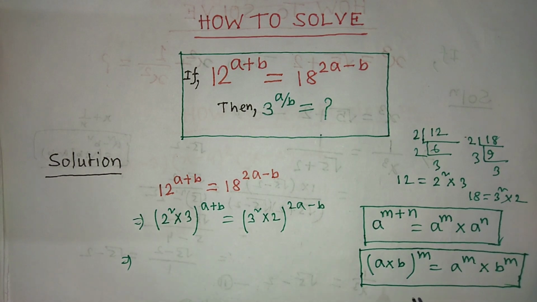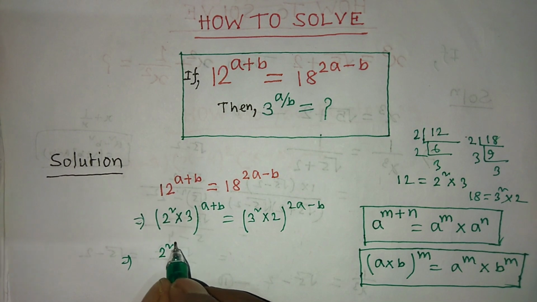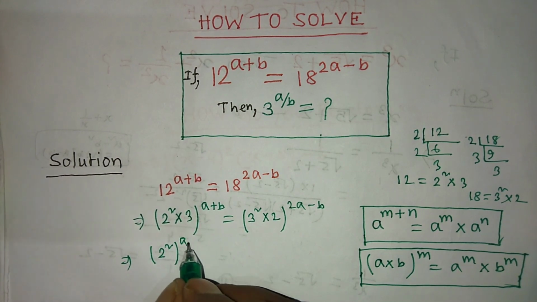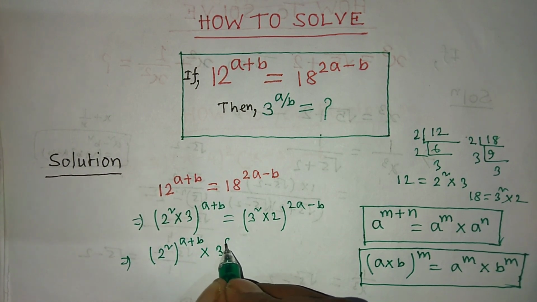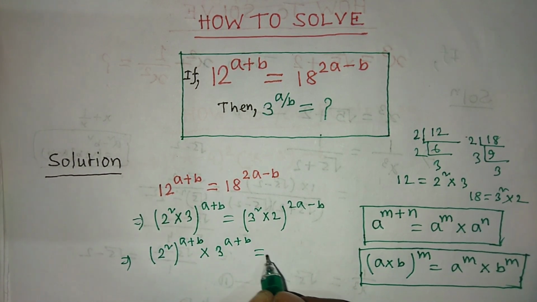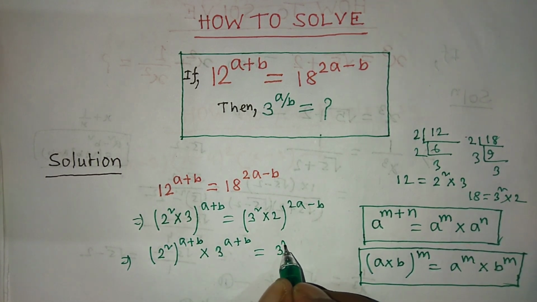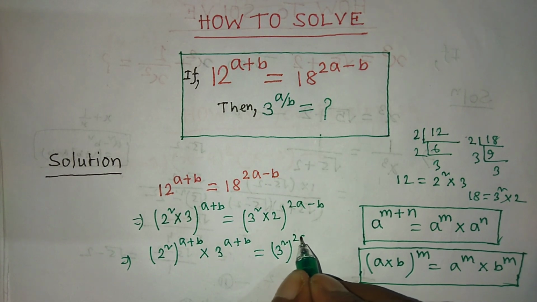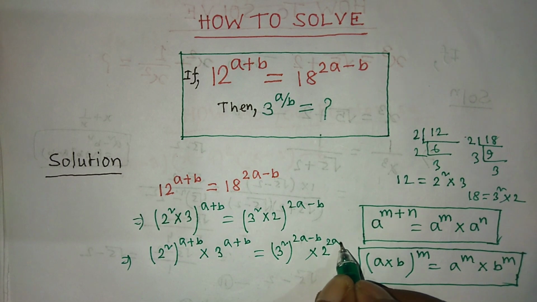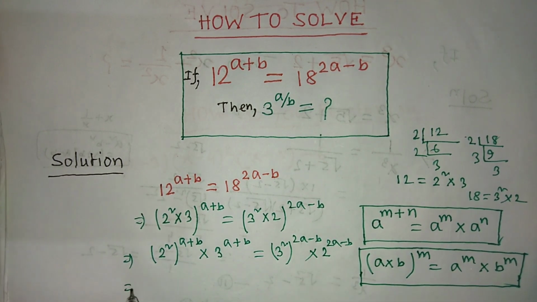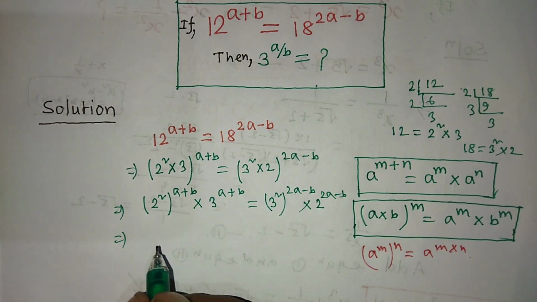After applying this formula, on the left hand side we have to write 2 square whole to the power a plus b into 3 to the power a plus b is equal to, again on the right hand side, 3 square whole to the power 2a minus b into 2 to the power 2a minus b.